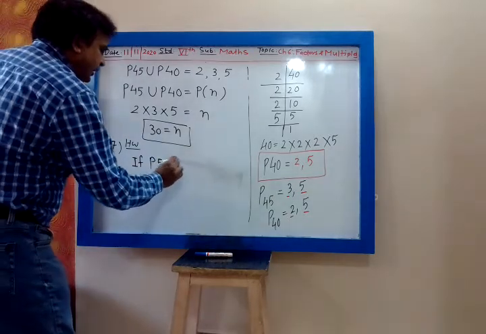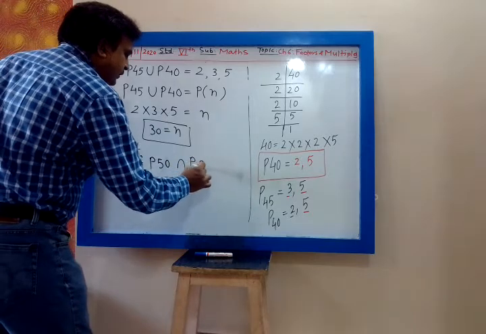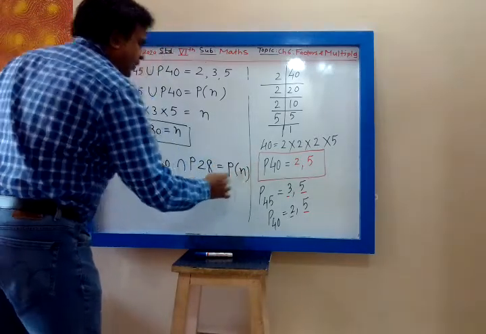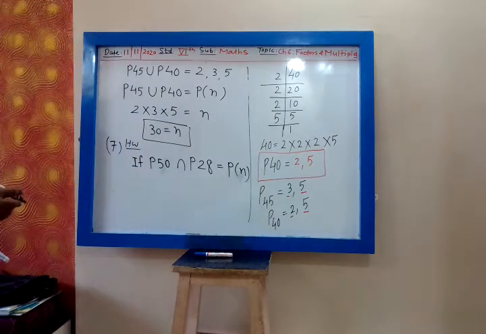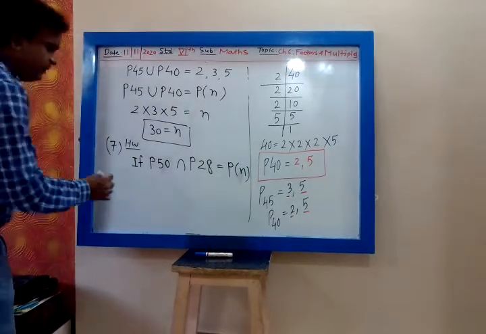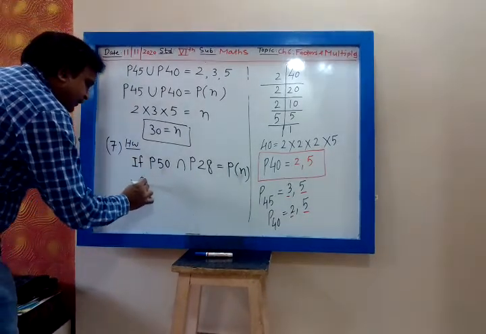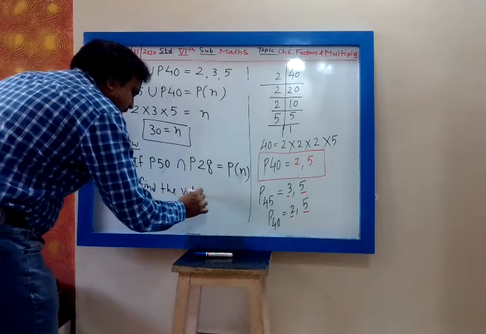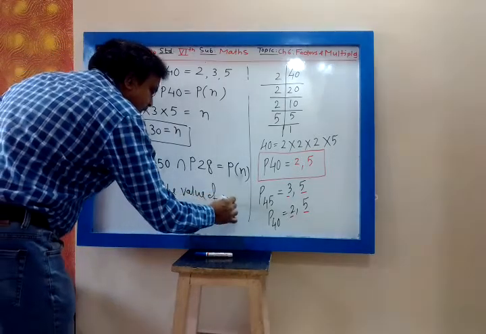P50 intersection P28 is Pn. Find the value of n. Write this. Find the value of n.